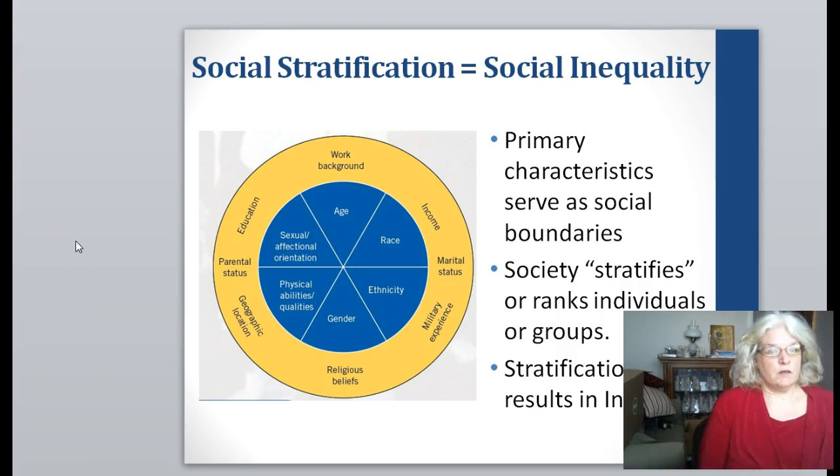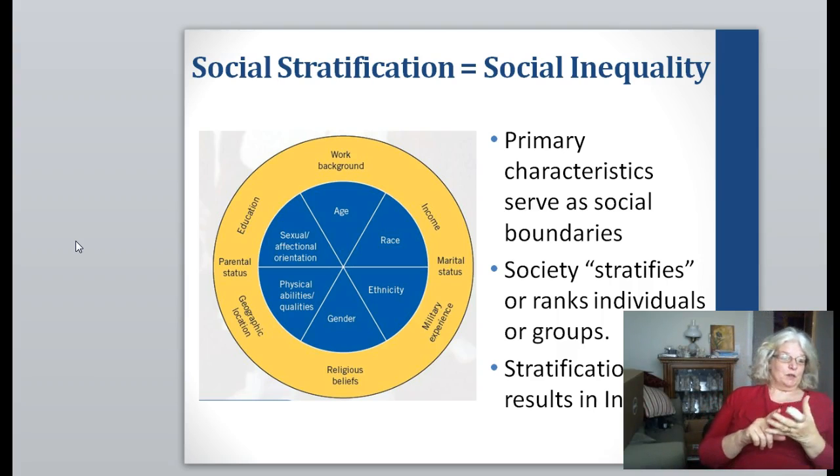So what's social stratification? And what's involved in it? And why does social stratification equal social inequality? Well, social stratification talks about those characteristics that serve as social boundaries, what puts us into place: age, race, ethnicity, gender, sexual orientation, and physical abilities. Now, you'll notice that this already is starting to cover some of the topics of our chapters.